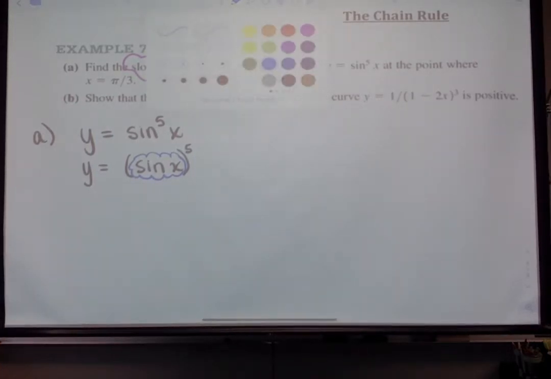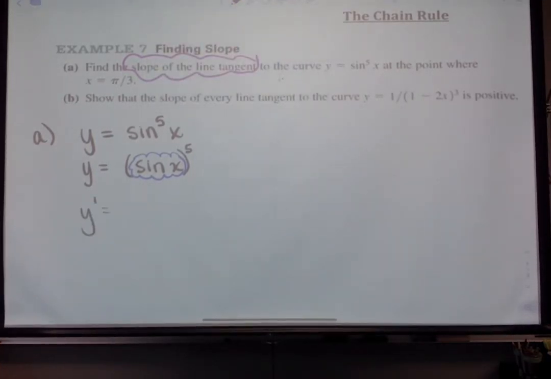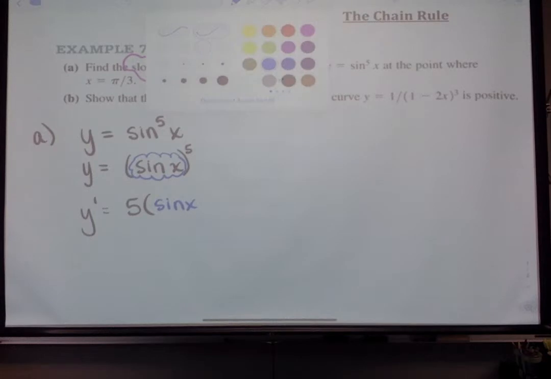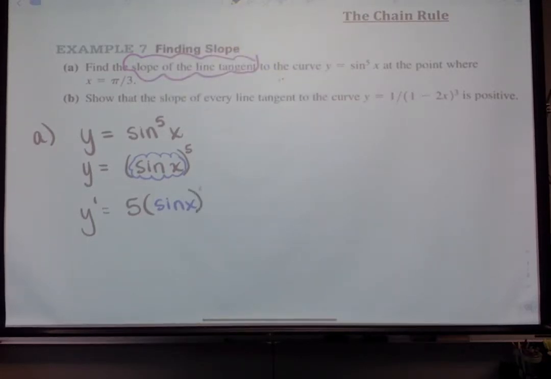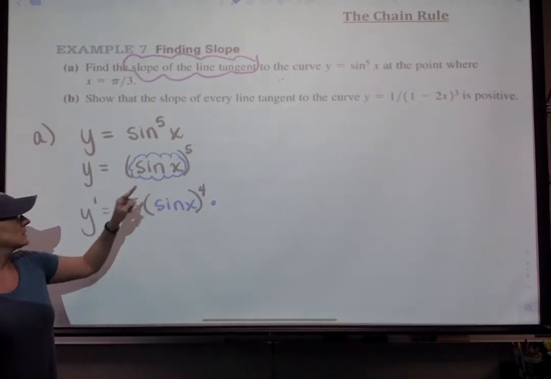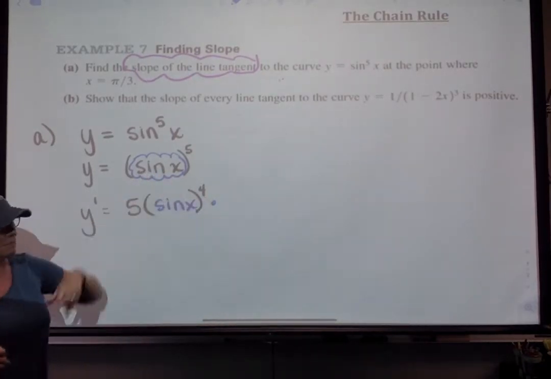Here I go with my derivative. Y prime equals, I'm going to power rule it. Messy stays the same. Lower it. Times the derivative of the messy.